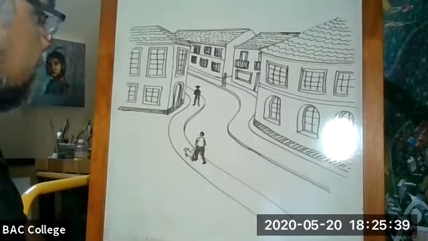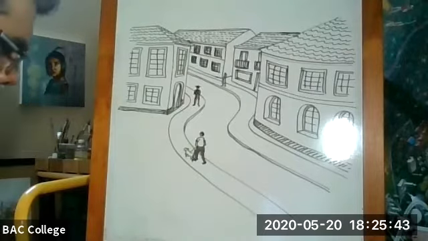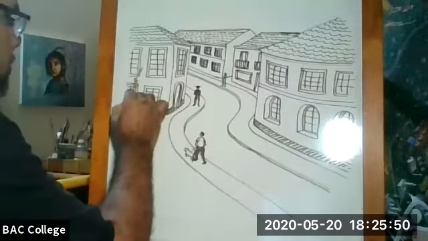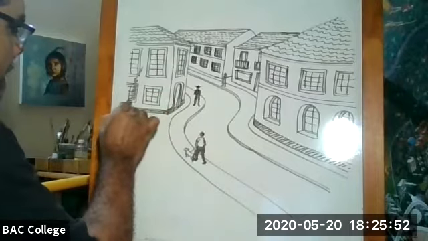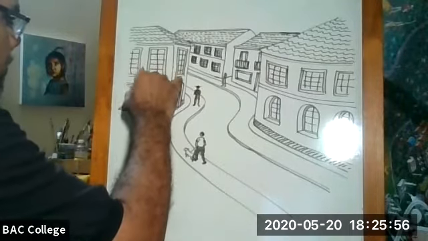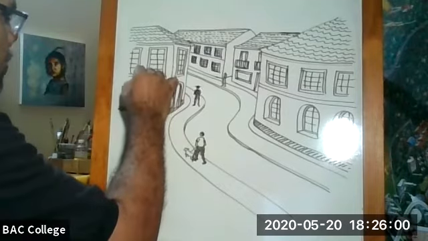And somebody said, let's get a tree. Okay, sounds like a plan to me. So I'm going to get a tree right over here, like so.